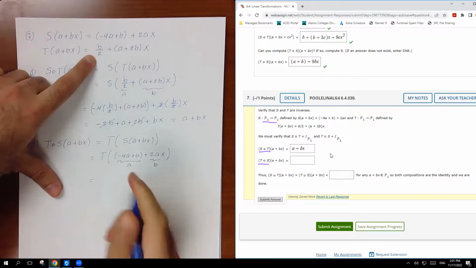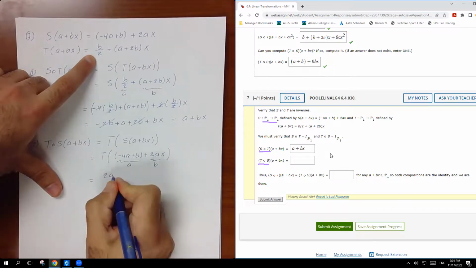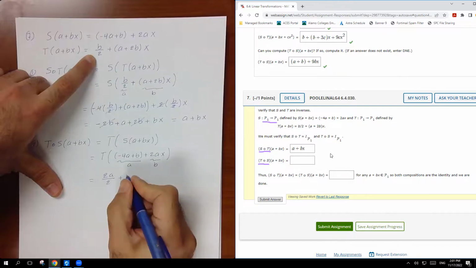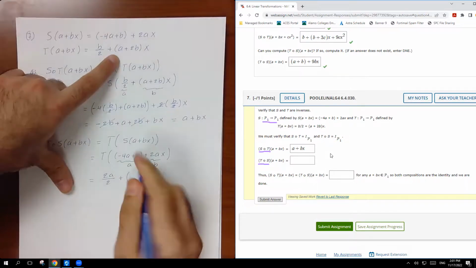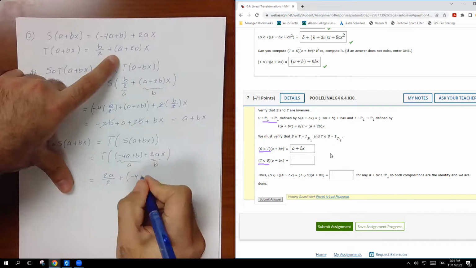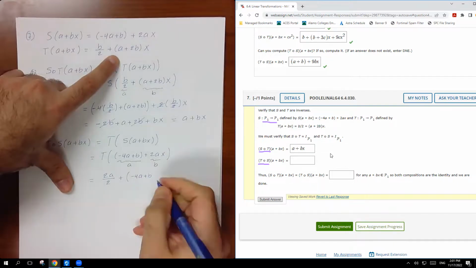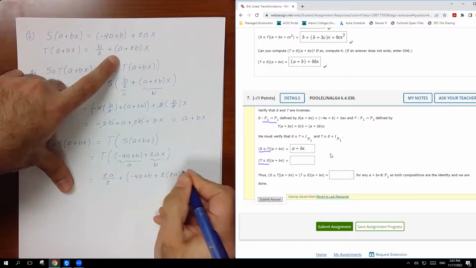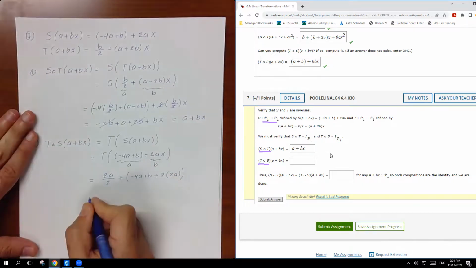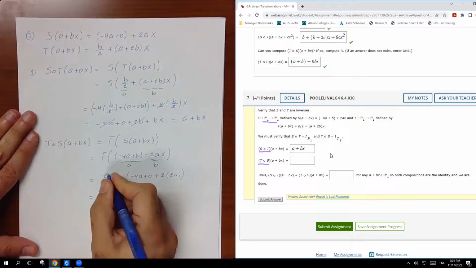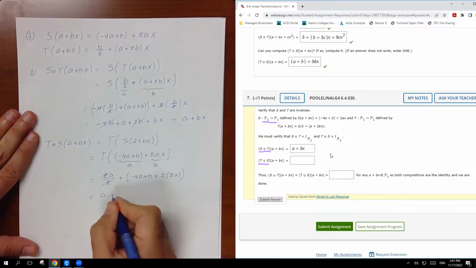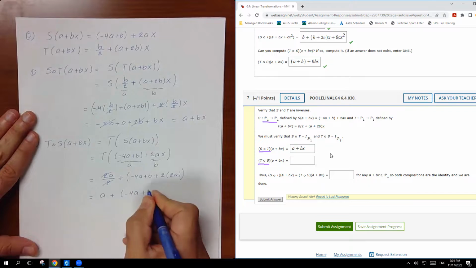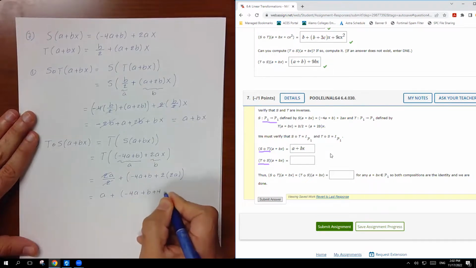Here is the b, so it will be 2a divided by 2 plus parentheses a, which is this part, that means negative 4a plus b plus 2b, which is 2a. Let's simplify this one. Cancel these, it is going to be a plus negative 4a plus b plus 4a.